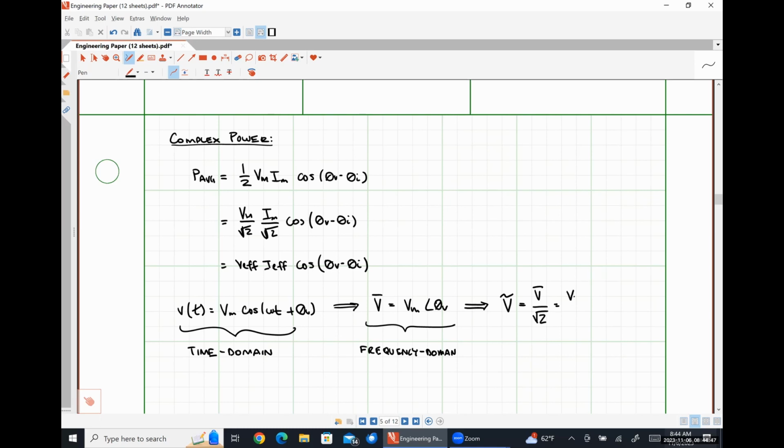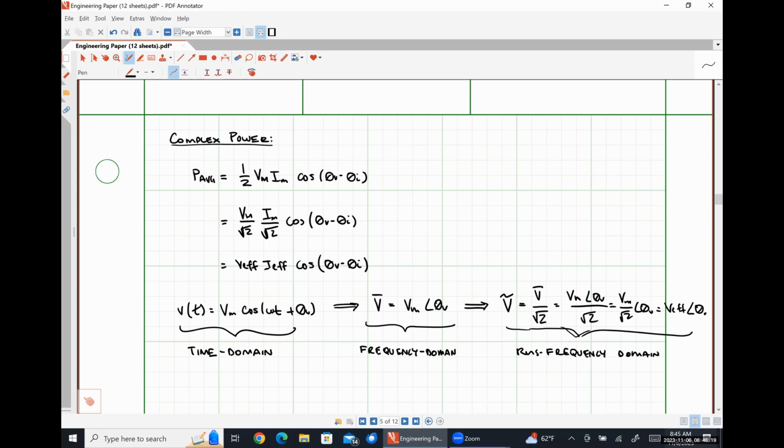So this is going to look like Vm angle theta V divided by √2, which is just Vm over √2 angle theta V, or V effective angle theta V. So this is the RMS frequency domain.